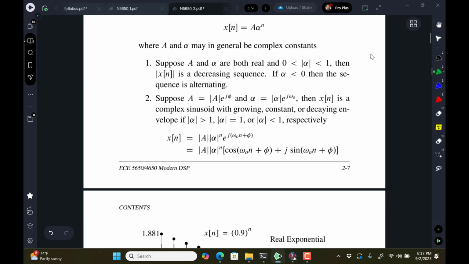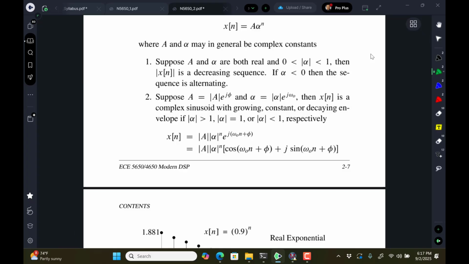And then in the second statement here, it says, suppose A is just a magnitude and a complex phase. This is like a phasor from circuit theory. And then we're going to make alpha a complex phasor too, but we're going to use different terms here.